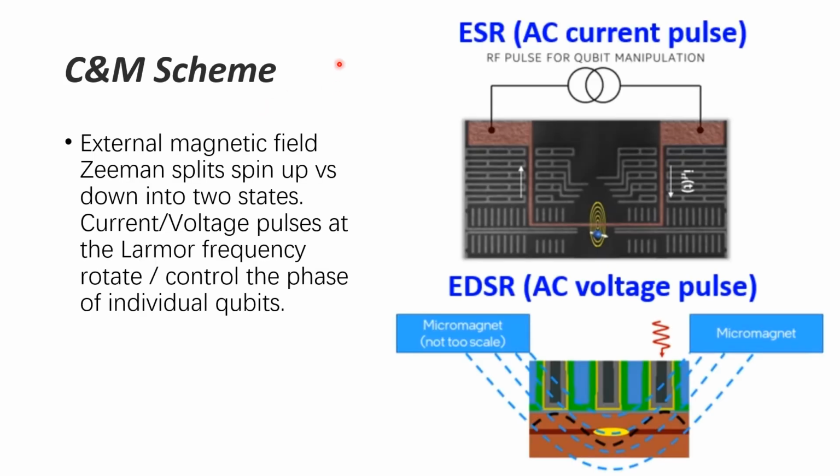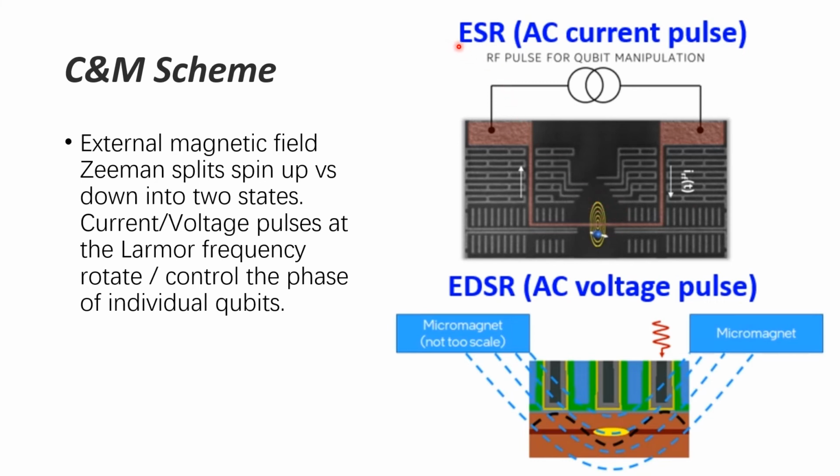Having acquired the knowledge of the Larmor frequency, we can take a look at the modern CNM scheme for qubit state control. CNM is short for control and measurement. These two pictures are posed by Intel, and to manipulate the state of their qubits they use AC current or voltage pulses, and such pulses are at the Larmor frequency of the qubit system.